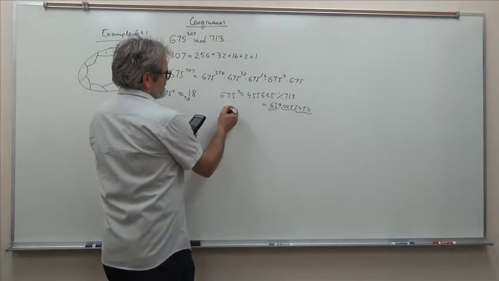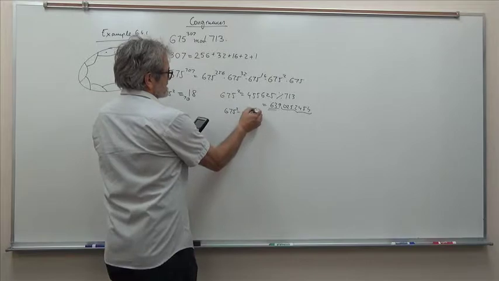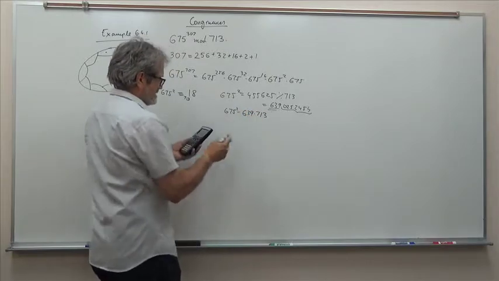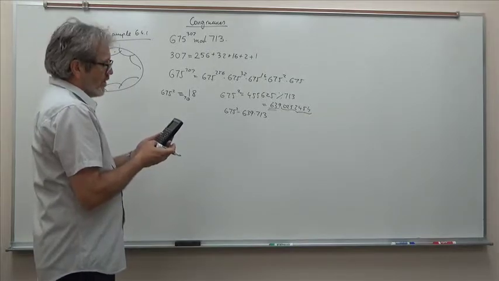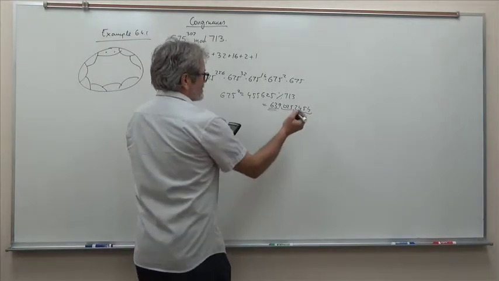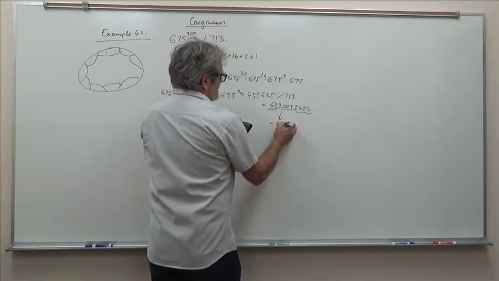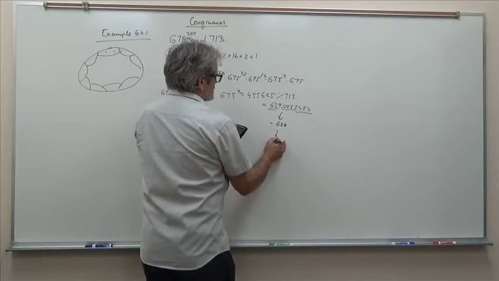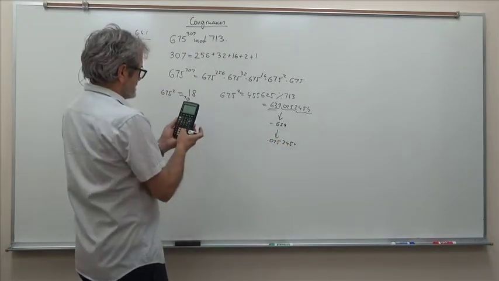So I'll take this result from the calculator and subtract 639, and that gives me 0.0252454.